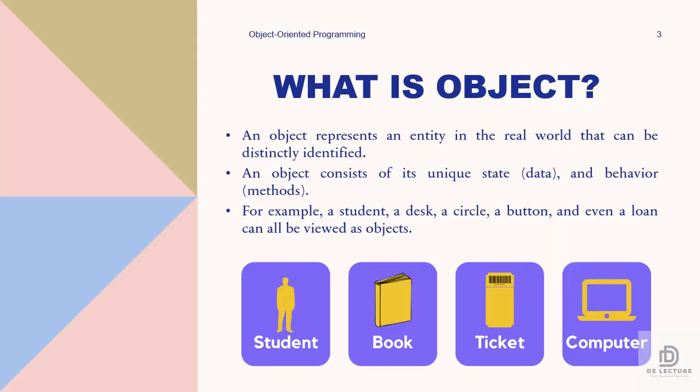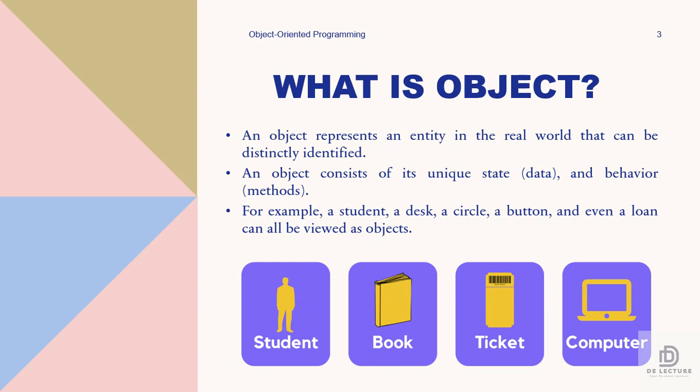Before we go deep into our lecture slides, the first thing we have to know is what an object actually is. An object represents an entity in the real world that can be distinctly identified. What does it mean? Any entity in the real world can be known as an object.